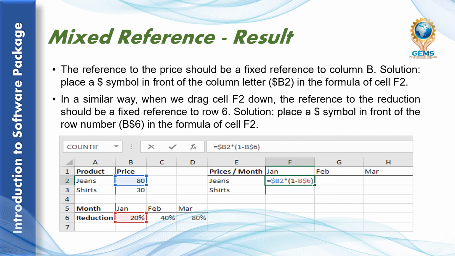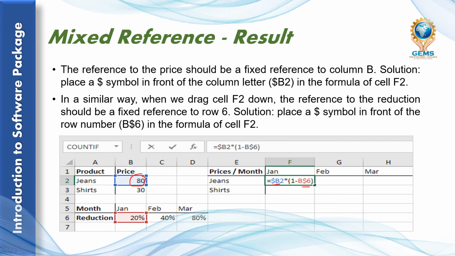The price is fixed, which is in B2, and the solution is placing the dollar symbol in front of the column letter B in the formula of F2. In a similar way, when we drag the cell F2 down, the reference to the reduction should be a fixed reference to row 6. So the solution is placing the dollar symbol in front of the row number 6.